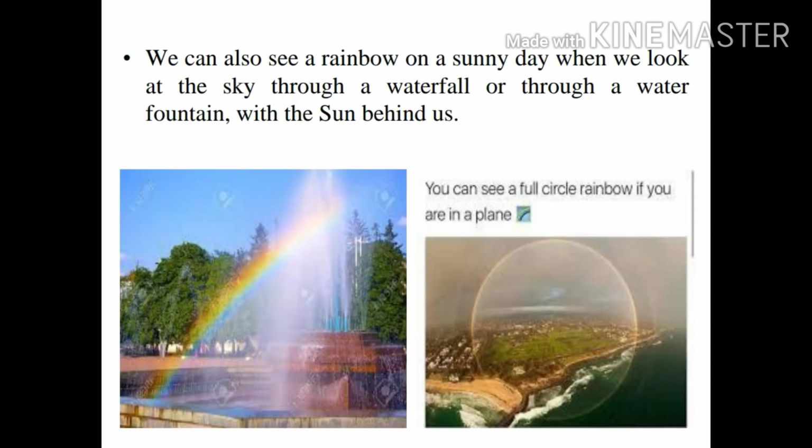We can also see a rainbow on a sunny day when we look at the sky through a waterfall or through a water fountain, because in that case also the conditions are fulfilled: water droplets are in the atmosphere and the sun is behind us.